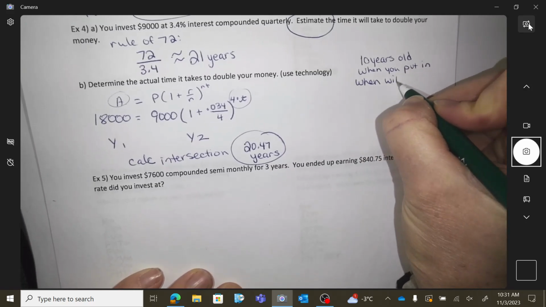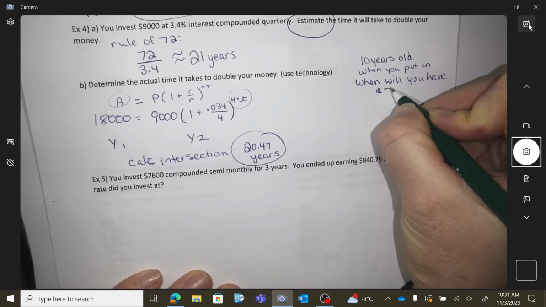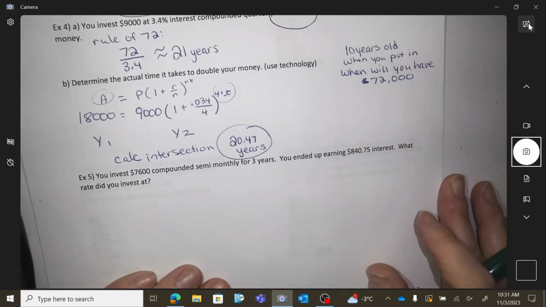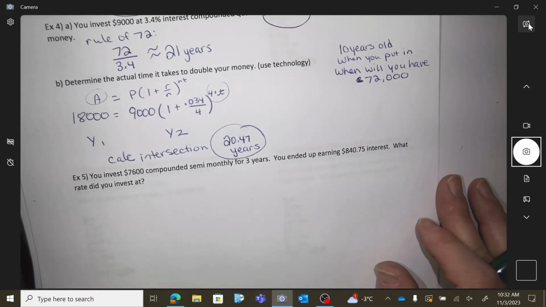When will you have $72,000? We're going to use the estimate.